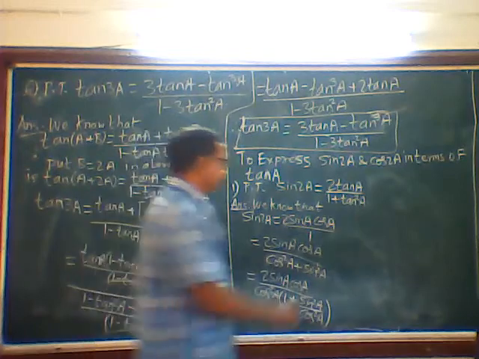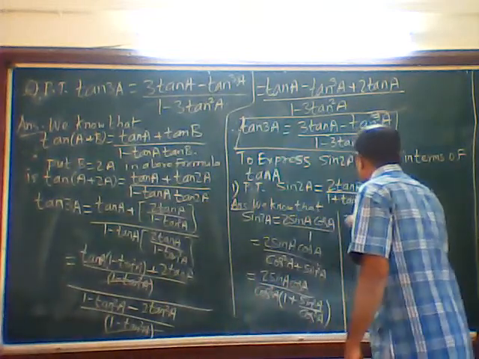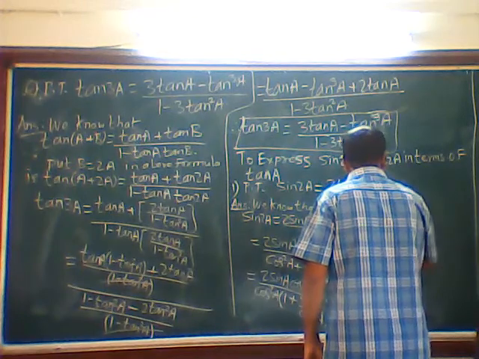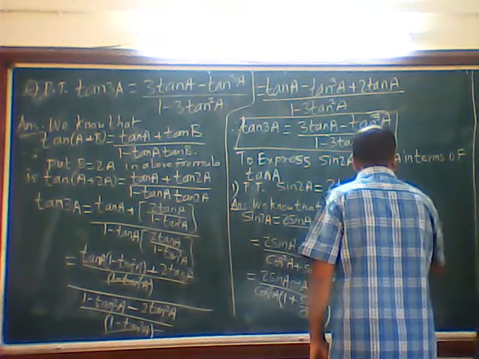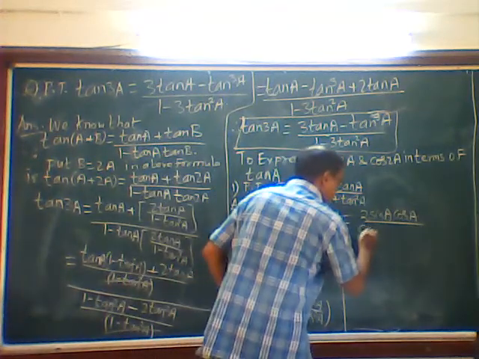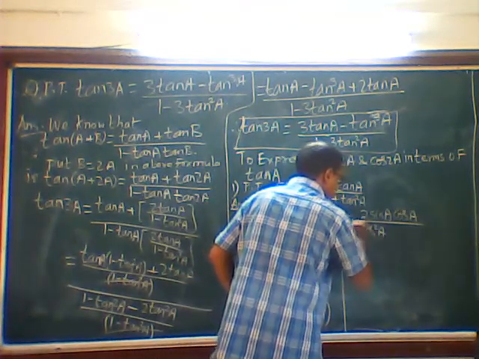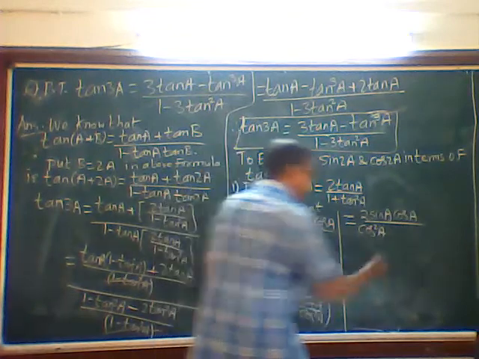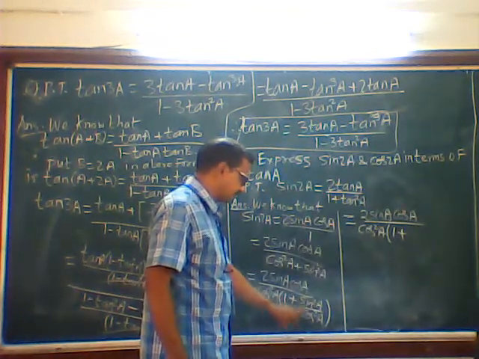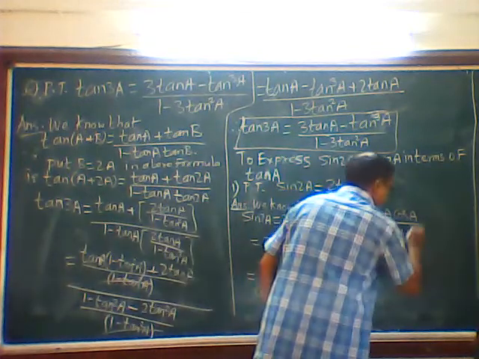So what happens here is equal to 2 sin a cos a divided by cos square a into bracket 1 plus sin upon cos is tan, since it is square it will become tan square a.